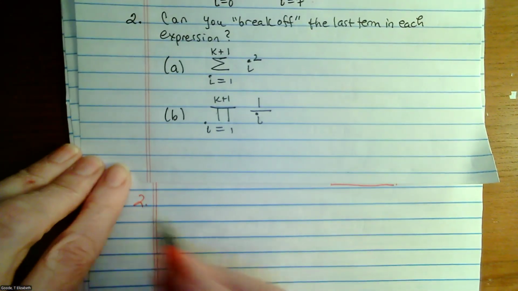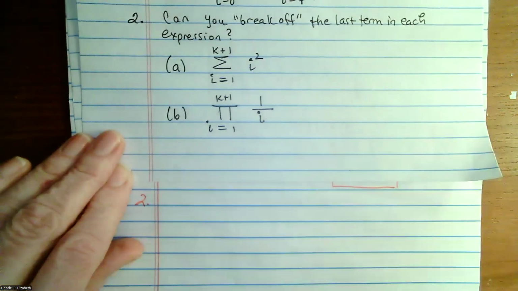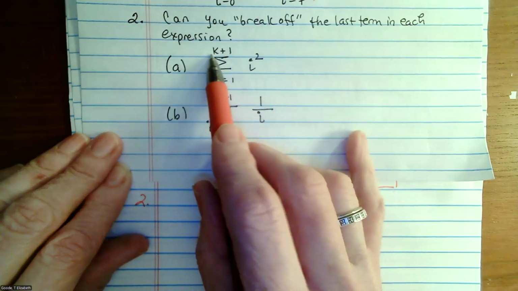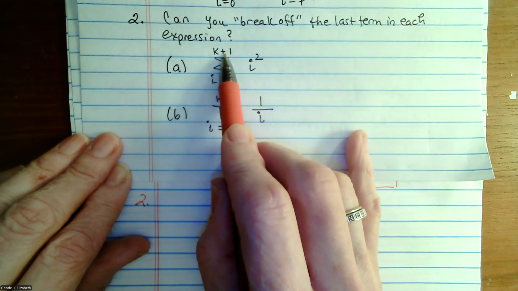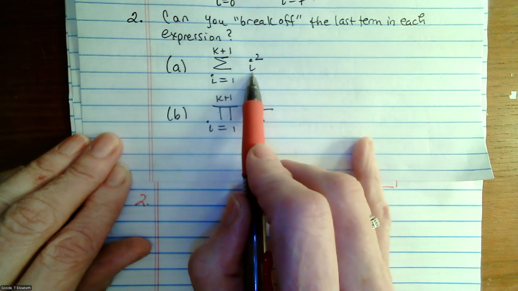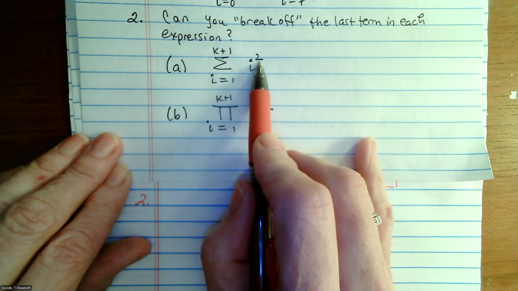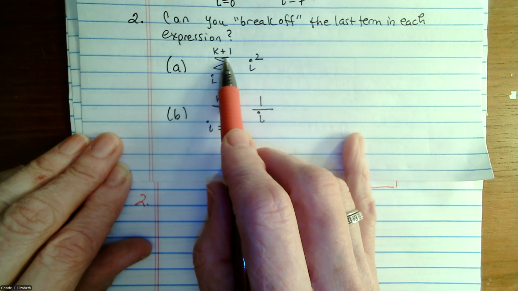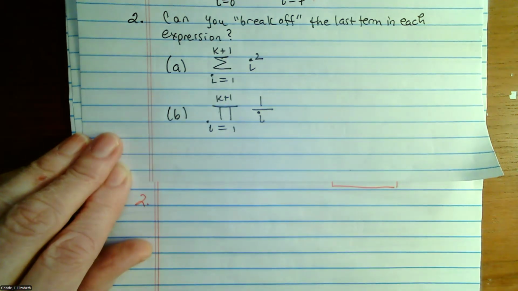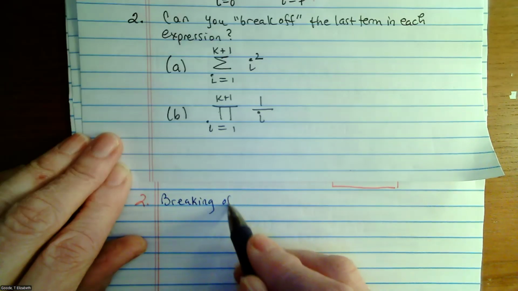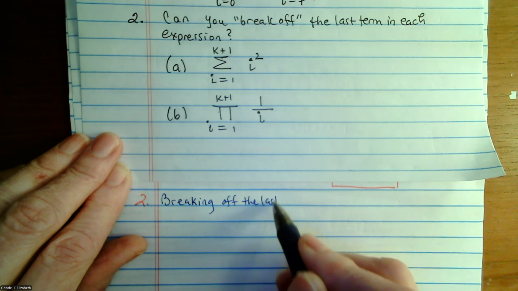So for 2, well, the last term in the expression is the term where the indexing variable is taking on that upper limit value. So the last term in this sum would be i squared with i equal to k plus 1. So that's what we're going to be breaking off. What's the integer right before the k plus 1? k. Uh-huh.